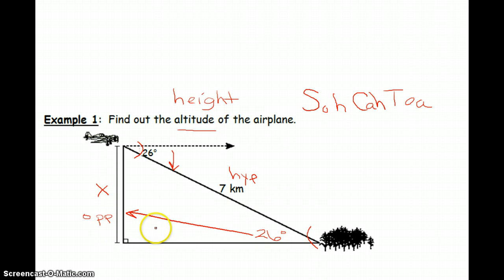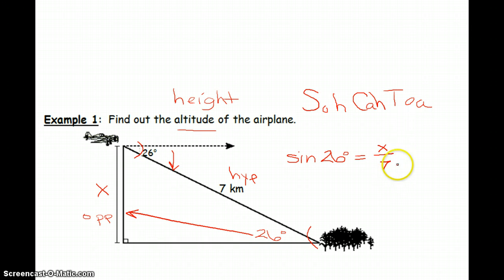So looking at opposite and hypotenuse from my SOHCAHTOA, I need to use the sine trig function. So to set that up, it will look like sine of my angle measure of 26 degrees will be equal to the opposite, which is x, over the hypotenuse, which is 7.